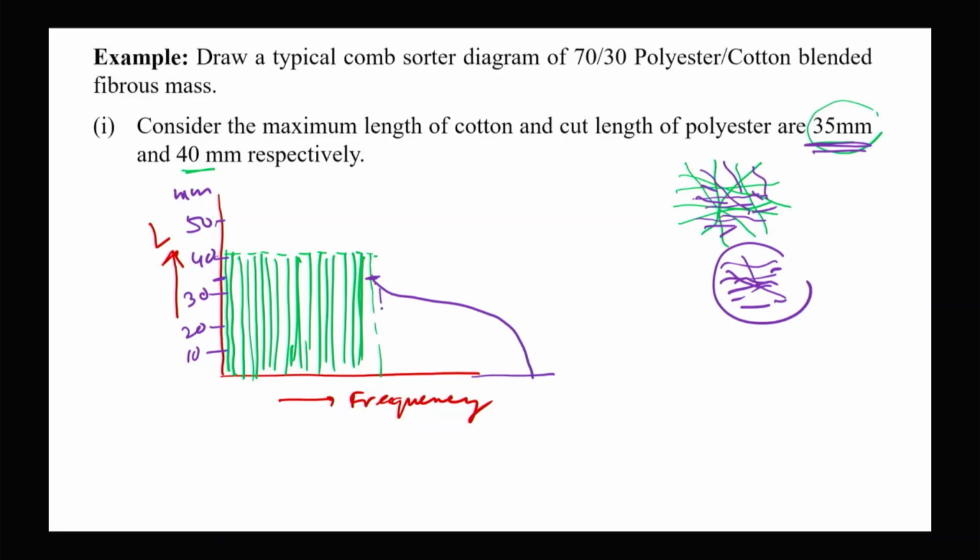These are all cotton fibers. So this is the typical shape of the 70/30, its content is approximately 70%, here it will be 30%. That we can adjust.